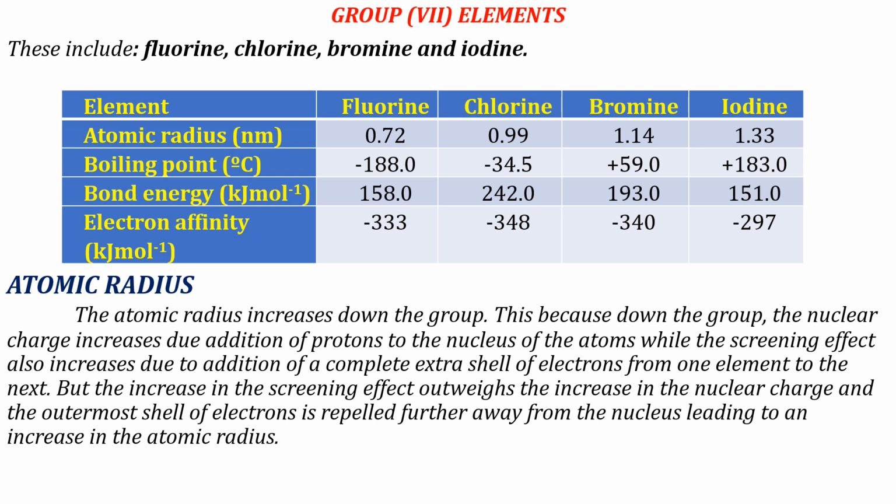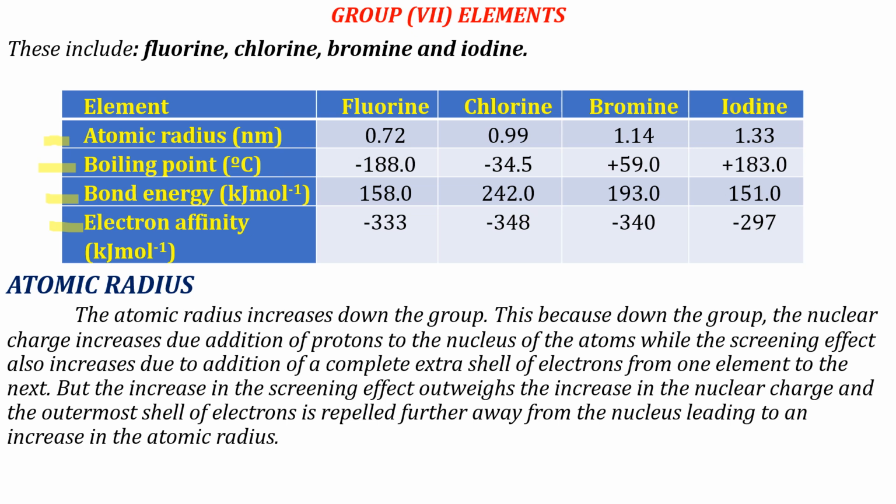So you're going to start with group 7 elements. Group 7 elements, you'll be provided with a periodic table in your examinations. And down the group, we have already looked at what happens for things dealing with periodicity. So this is a brief review, and we're having atomic radius, we're having boiling point, we're having bond energy, we're having electron affinity.